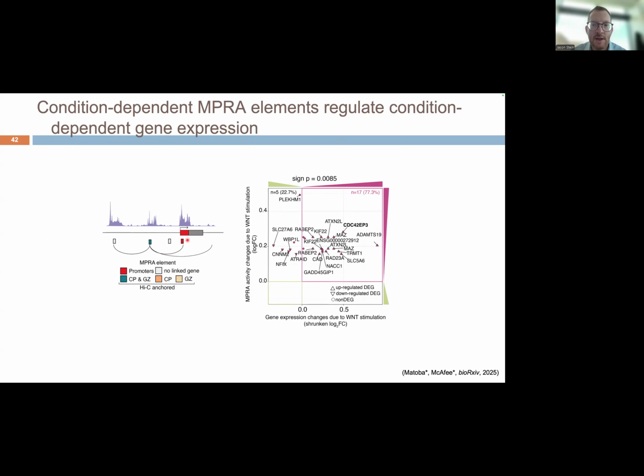Interestingly, EMPRA elements with higher activity due to Wnt stimulation were linked to genes which in general showed higher expression due to Wnt stimulation. We think this means that these elements may be functioning as condition-dependent enhancers. This gives some support to the idea that EMPRA elements function in ways similar to their function in the endogenous genome.